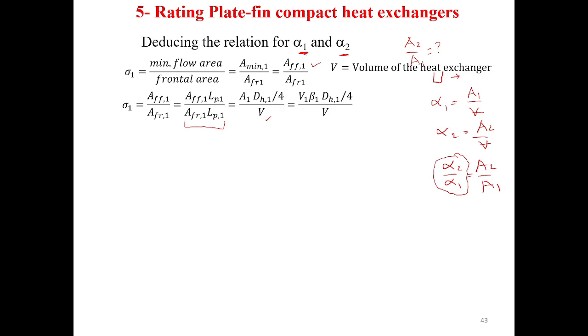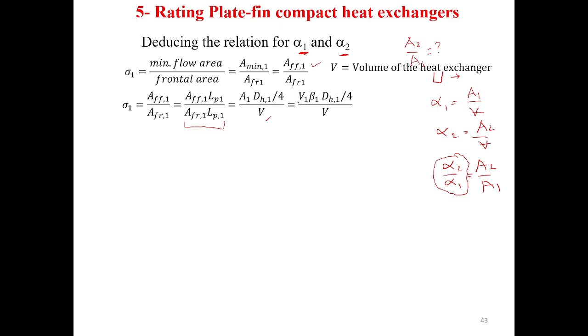And also you can relate the hydraulic diameter to the heat transfer area and the free flow area. So you can substitute AFF1 multiplied by LB1 by A1 multiplied by the hydraulic diameter of side 1 divided by 4.